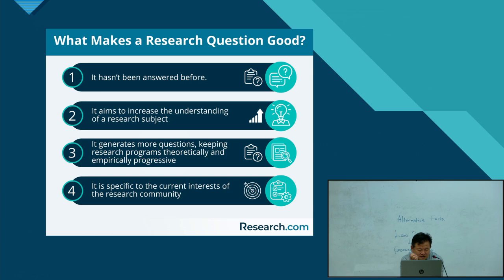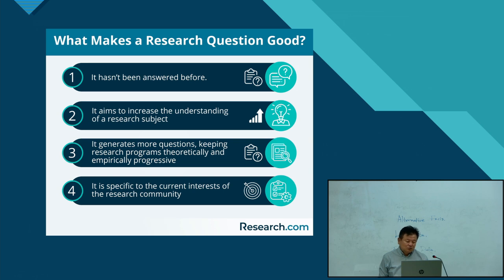Also, third, a good research question generates more questions, keeping research programs theoretically and empirically progressive. It means you cannot make just any kind of question, because it must be based on and backed up by the literature. Literature means formal research. So you cannot make just any question; it's not a research question.